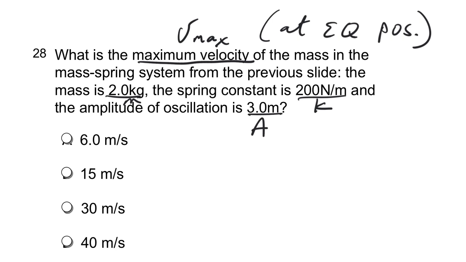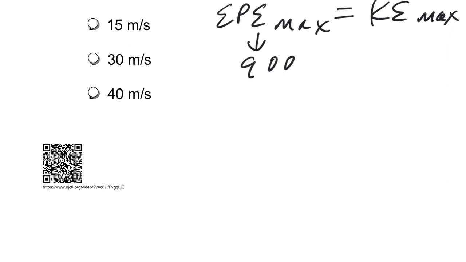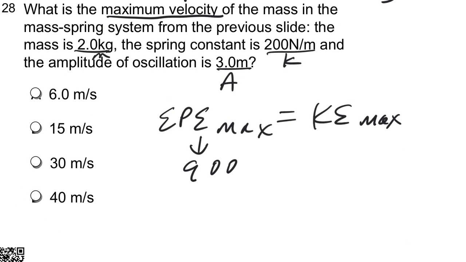Because EPE max equals KE max, and we already solved that in the last problem to be 900. And so that equals mv squared over 2.